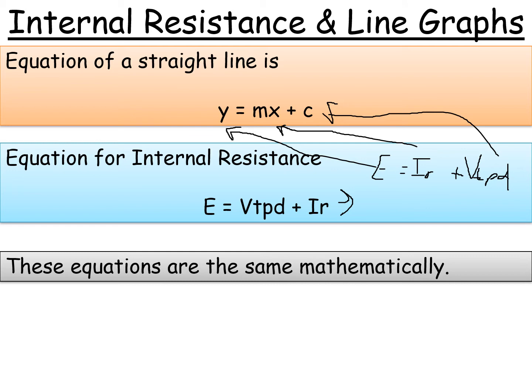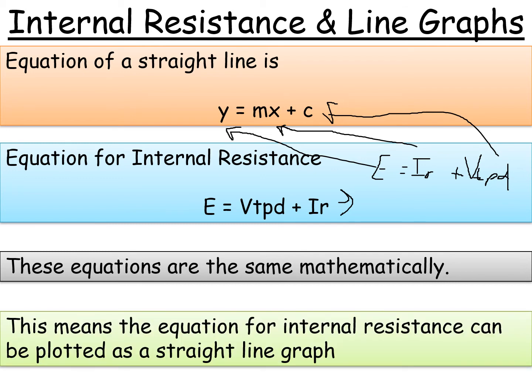So if you were a mathematician looking at these two equations, you would say they both describe a straight line. What this means is that if you plot the results of an internal resistance experiment, which would obey this equation, because that's what the physics is all about, then you would get a straight line.